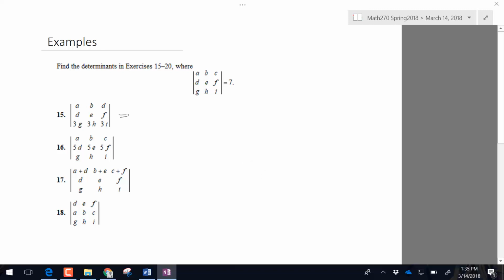Okay. So let's take a look at this. The first one. It looks like your elementary row operation here is multiplying the third row by 3, right?